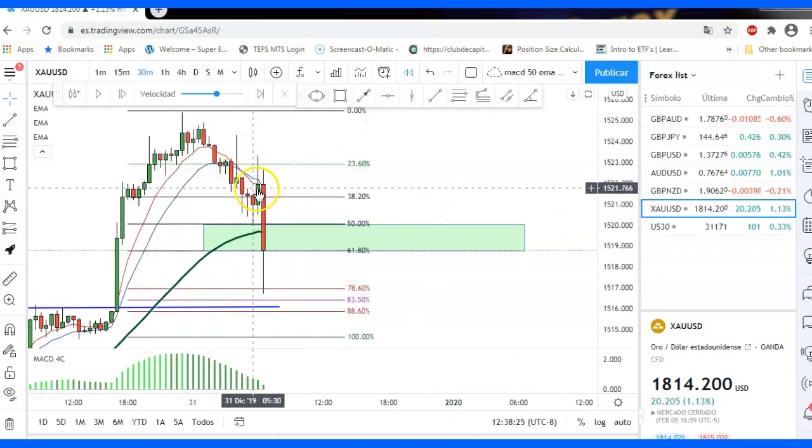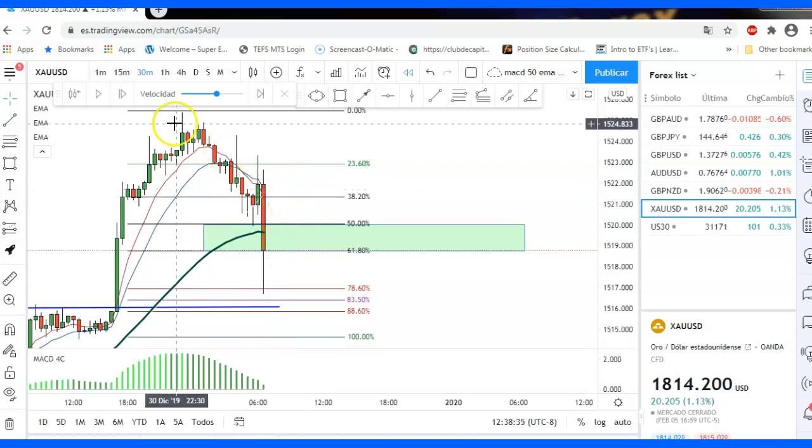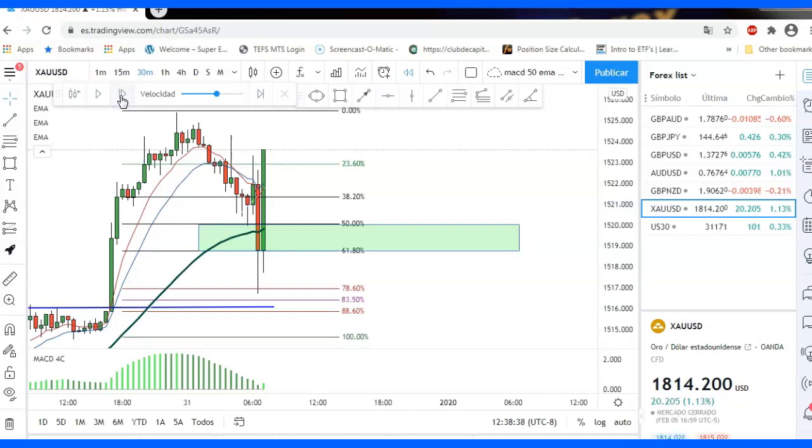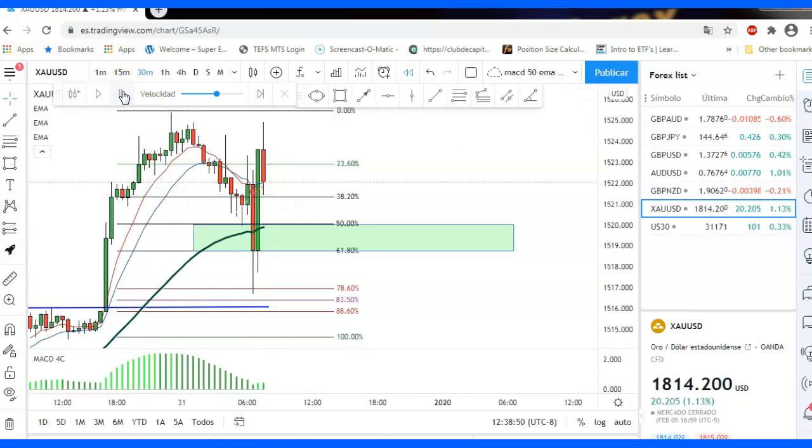so the red is below now, so I'm gonna wait to have a red above the blue to go into the market. Okay, and we don't have it yet, although that was a big candle right there. That could probably be news or something like that, but I wouldn't go into the market yet.